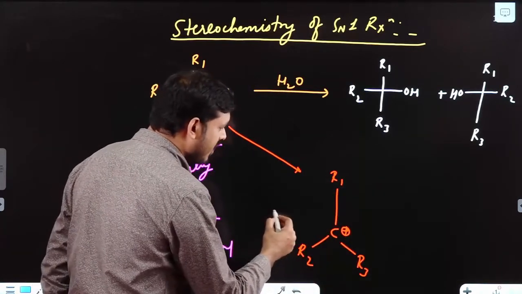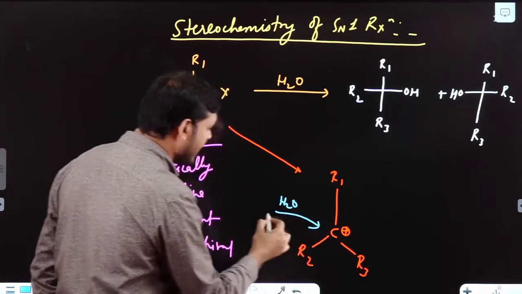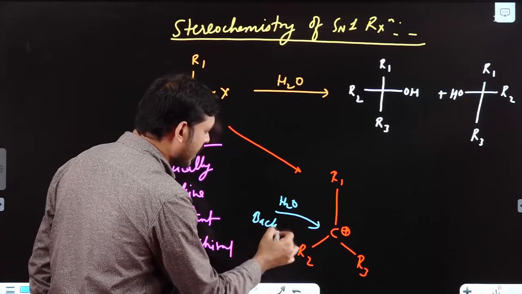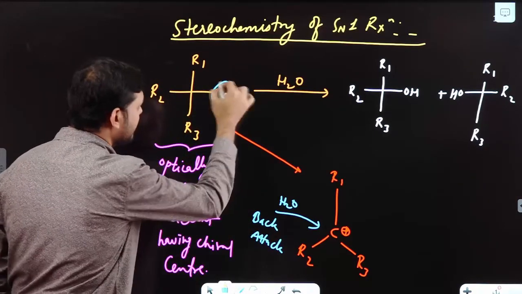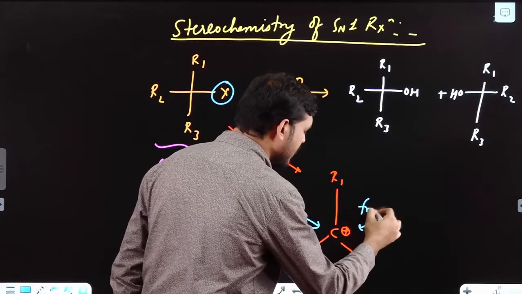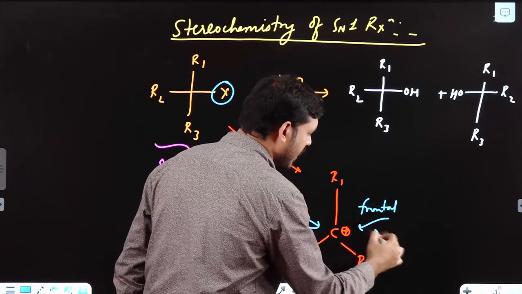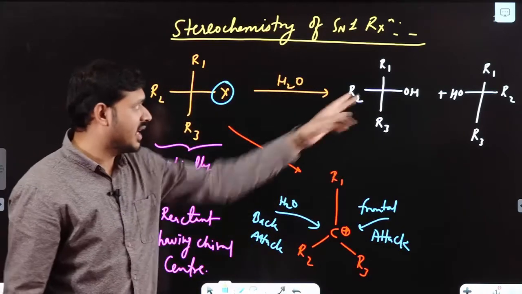Water can attack from this side. When I say this side, it is back attack, with respect to the leaving group. And from this side, this is called frontal attack. Frontal attack will give you retention product.